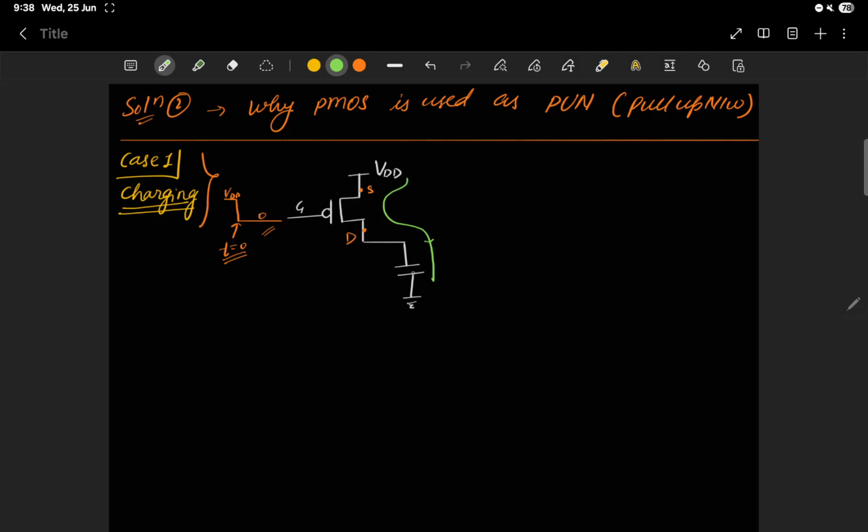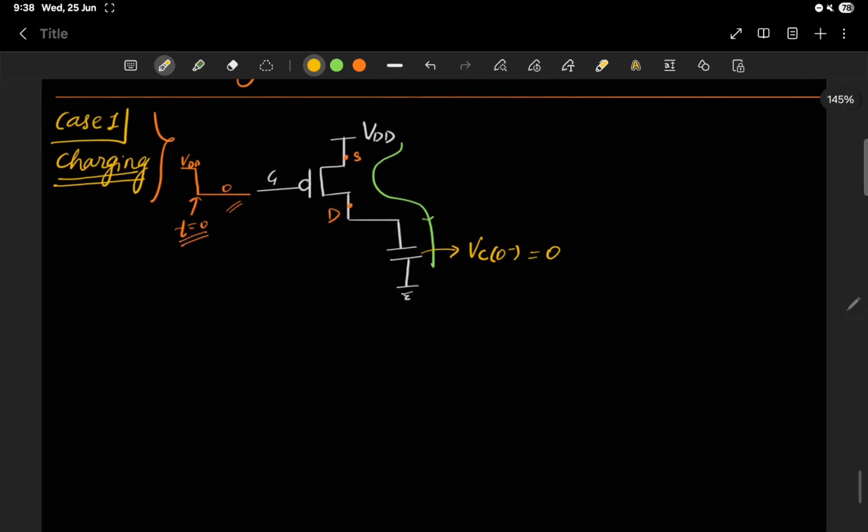Let's suppose the initial voltage for this capacitor was Vc of 0 minus, like before time t equals 0, my capacitor was uncharged, so it was having 0 voltage. Now, after connecting in this way, my load capacitor will start charging because current is flowing.